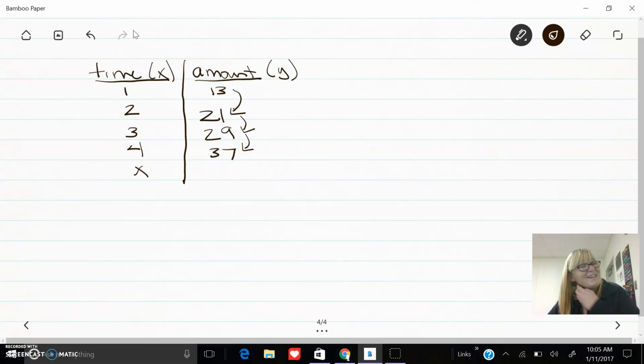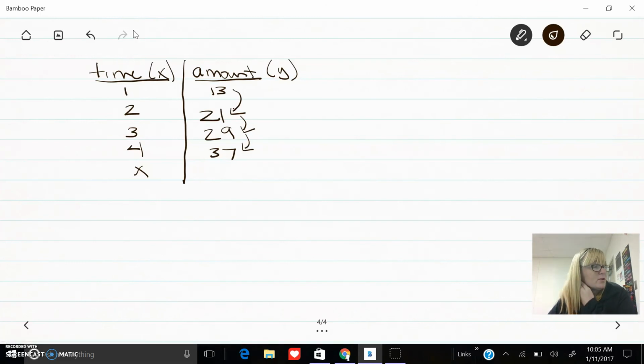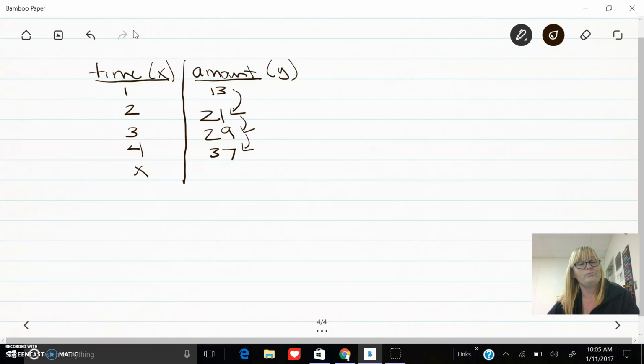So 13 to 21. How do I get from 13 to 21? That's a little bit more difficult.